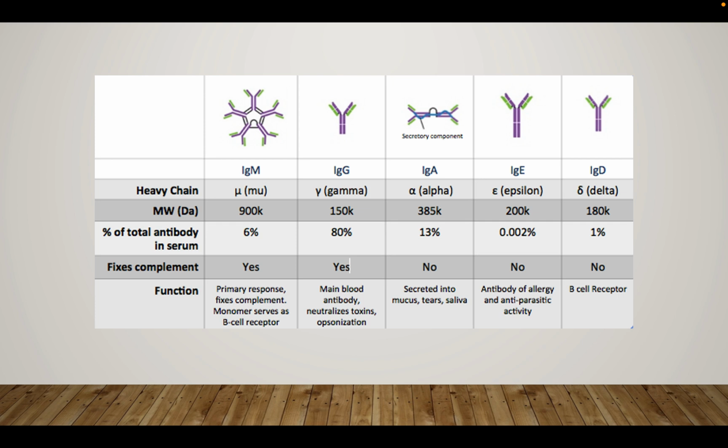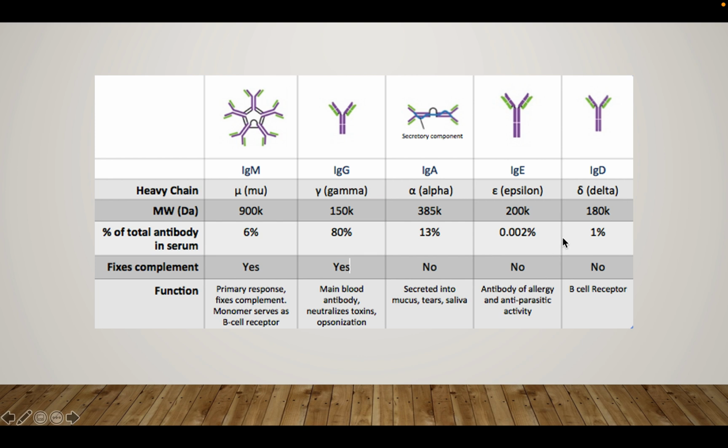So what you can see here are our different types of immunoglobulins and their relative percentages in the body. Note the IgM, how it's really 5 stuck together. It's really 5 IgGs stuck together, and you have 2 binding sites on each antibody, so you have a total of 10. Most of these look relatively similar, and you can note the light chain and the heavy chain, where the constant region would be and where the variable portion would be as well.